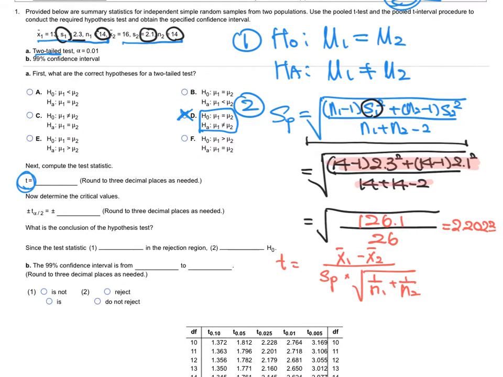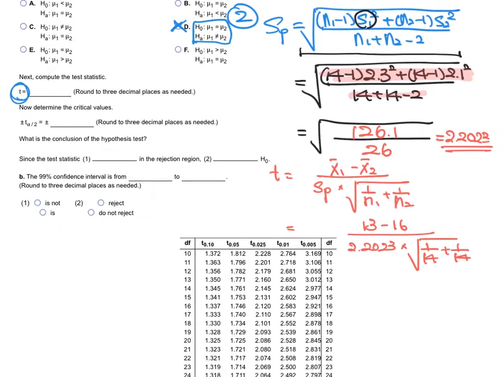So now it's n1 14, n2 14. So let me plug in the mean difference. It's 13 minus 16, and SP we got is 2.2023 times the square root of 1 over 14 plus 1 over 14.